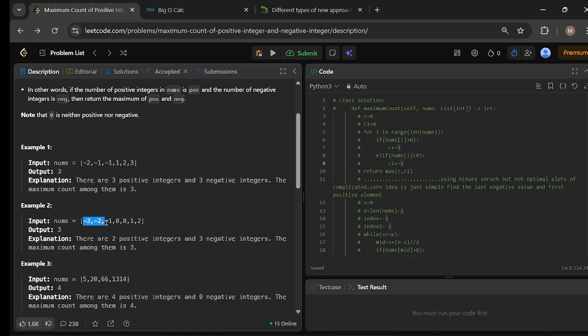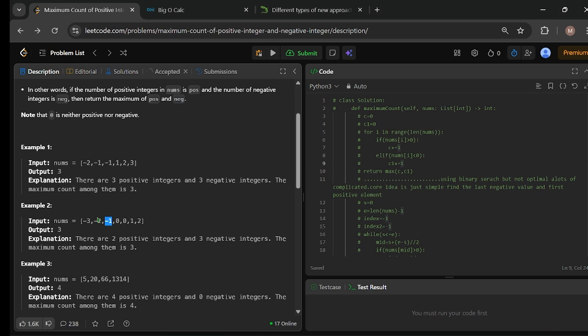So I thought, first, let's count the number of negative numbers. How can we count? If we find the last index of the negative number, then we will get the count of the negative numbers. How?